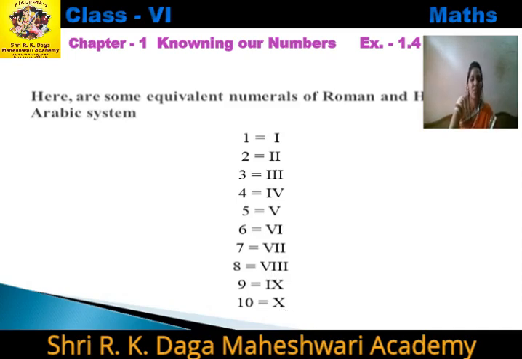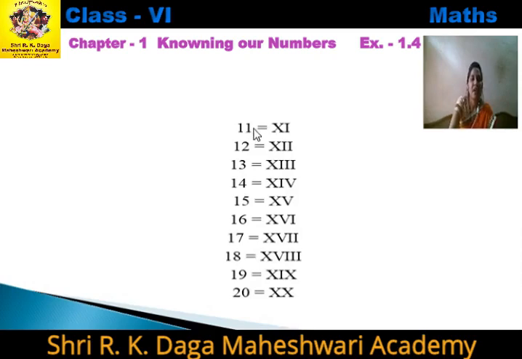Now some more numbers are represented here. 11 can be represented by XI. 12, 10 plus 2, so X double I. 13, 10 plus 3, so X triple I. Now 15 will represent by 10 plus 5, that is XV.